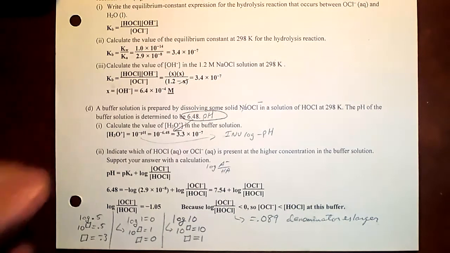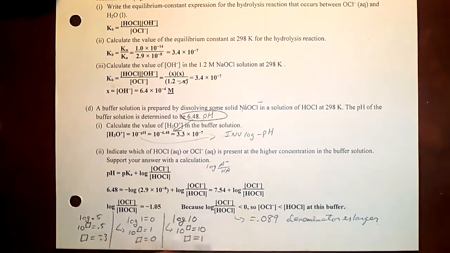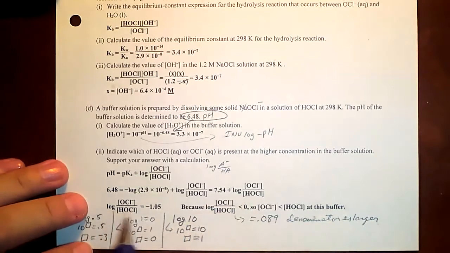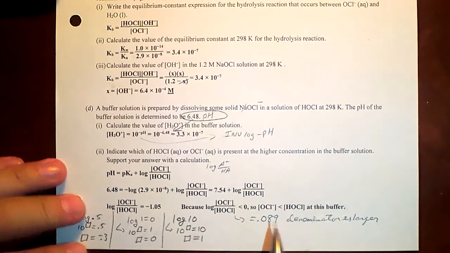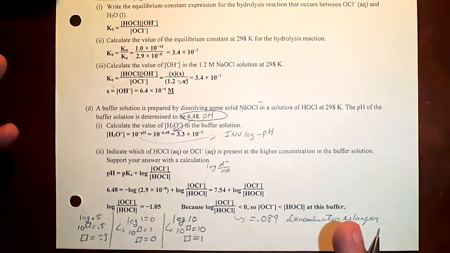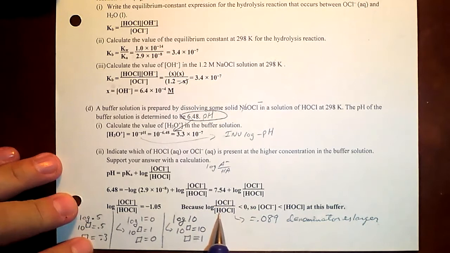So I went and wrote some things in. There's a few ways to look at this. You can either just simply hit inverse log of that and find out that the fraction is 0.089, which means that the denominator is larger, isn't it? For something under 1, the denominator is larger, therefore the acid is more prevalent.